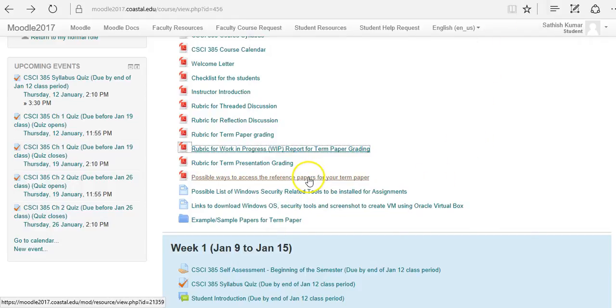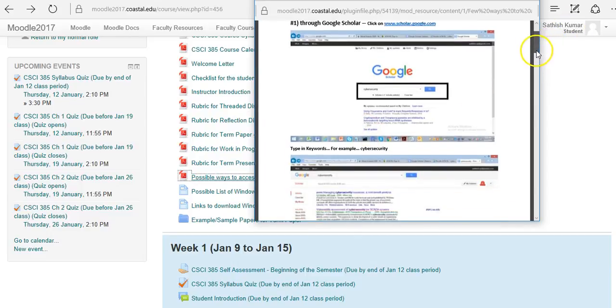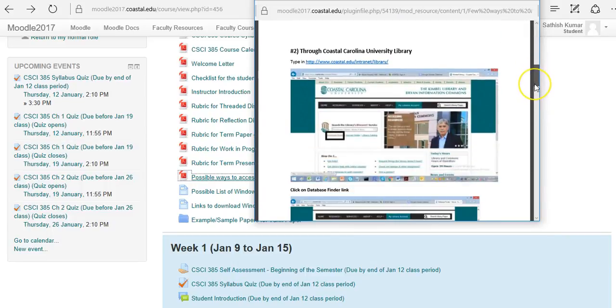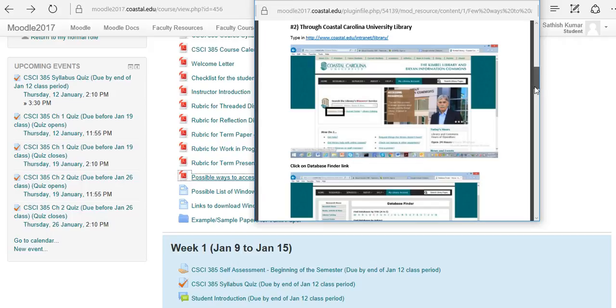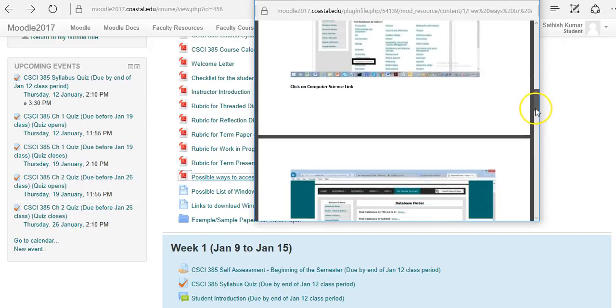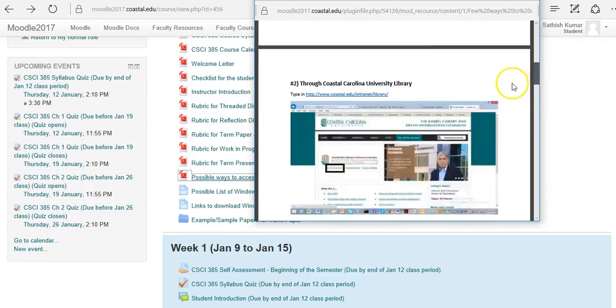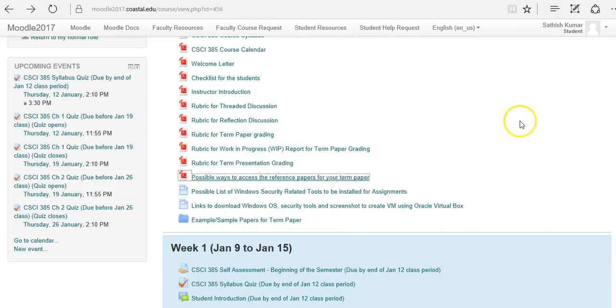I also provided the links on how to access some of the reference papers, through Google as well as through the library. You can access ACM papers from the coastal library, and Google Scholar is also a very useful resource.